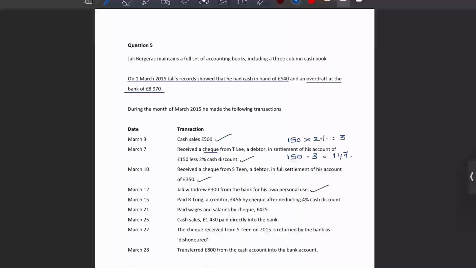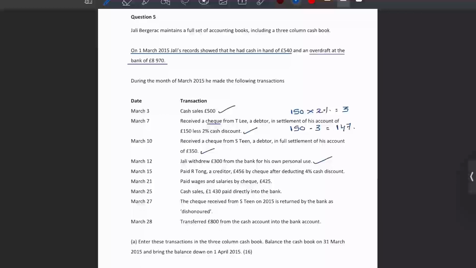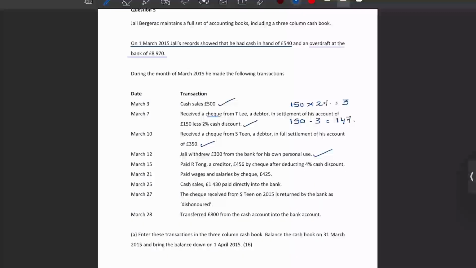Now the next transaction that is given to you. Read it. Paid R. Tong, a creditor, 456 by check after deducting 4% cash discount. Can you all calculate and tell me, based on your knowledge, how much is the discount?